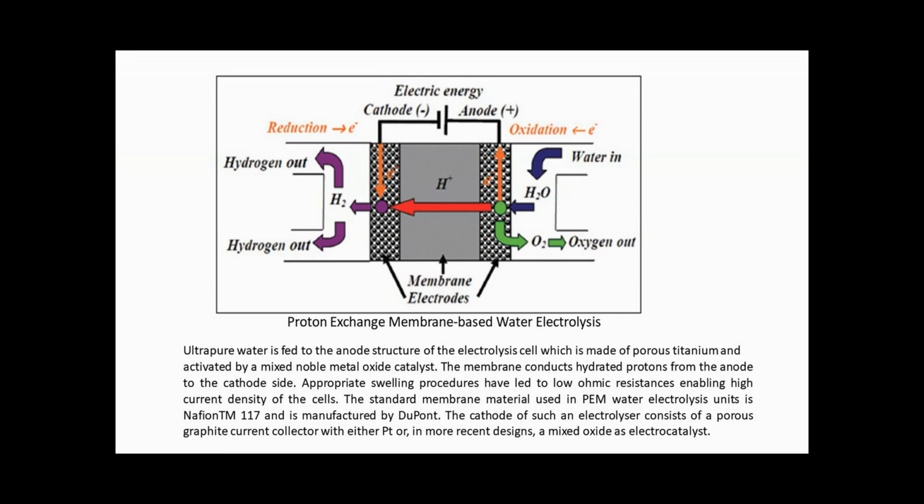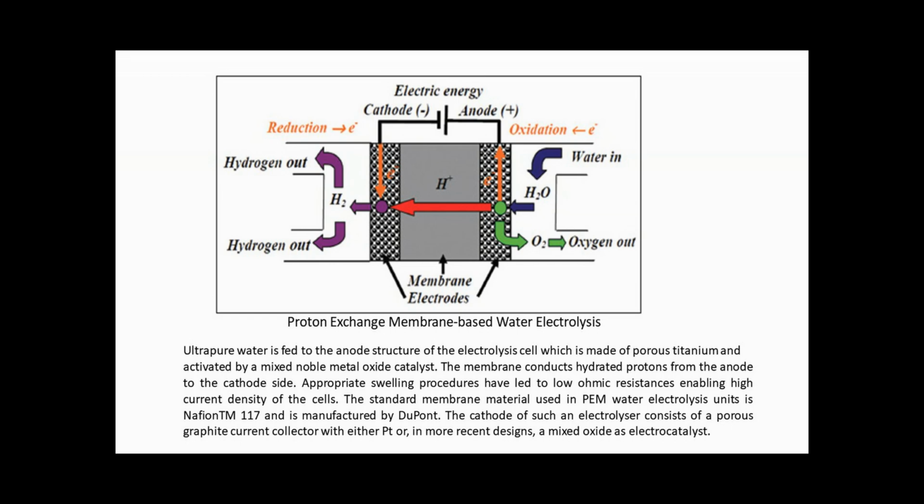It's a very interesting thing that they're doing. You have a membrane, and that membrane is completely solid, and the electrodes are absolutely snug against the membrane. So it's like a sandwich.